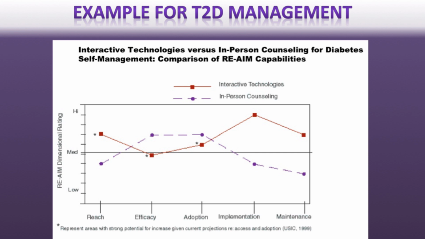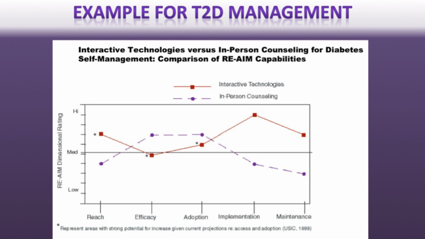And then overall maintenance. For an interactive technology, you just have to pay the web hosting fees, right? That's some $100 per year. But for an in-person counseling session, you're talking about someone's salary. You're paying someone $50,000, $100,000 per year to keep running that program, and you're having to keep maintaining space for that program, right?